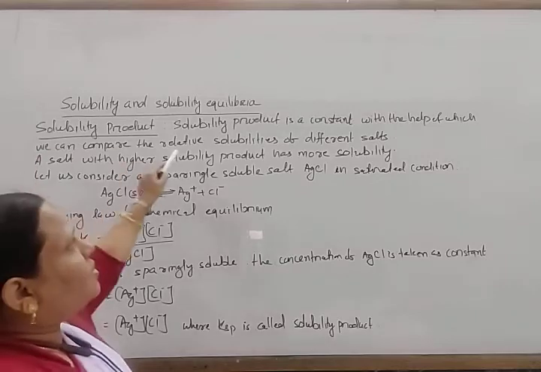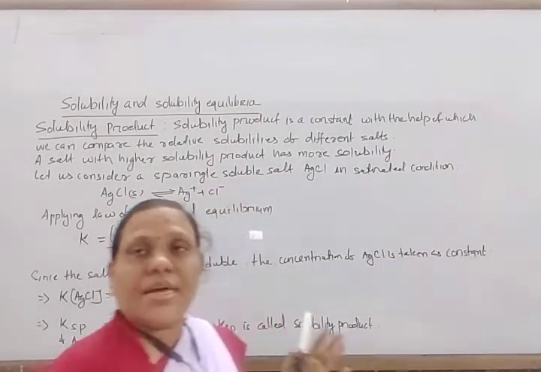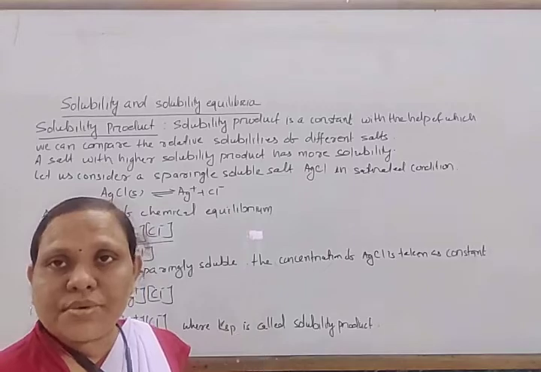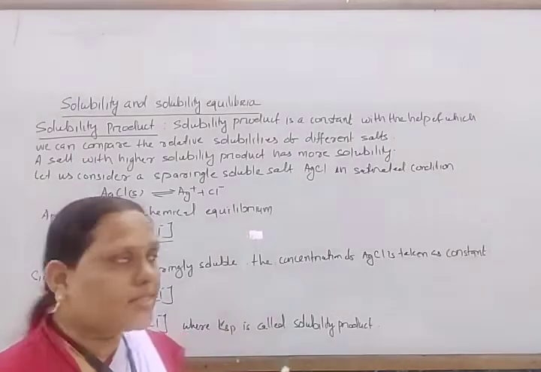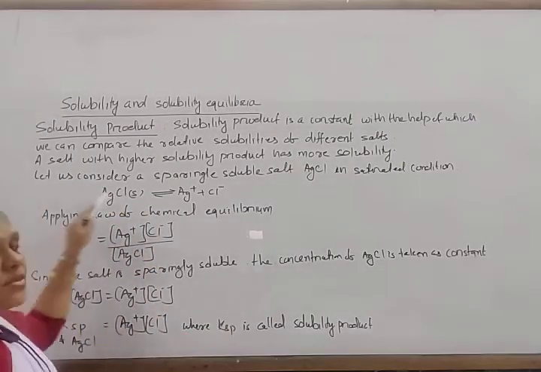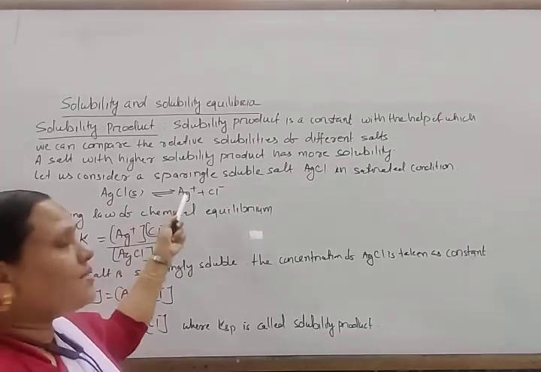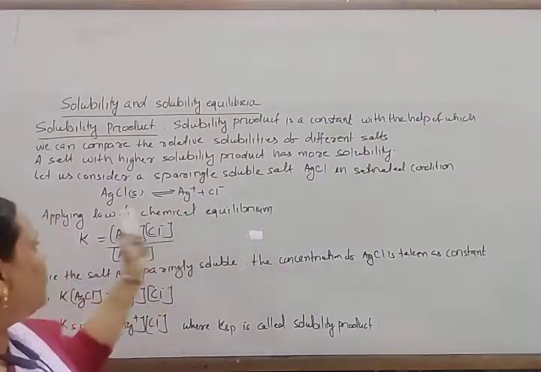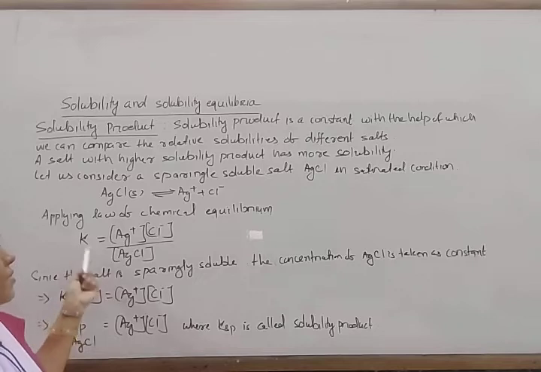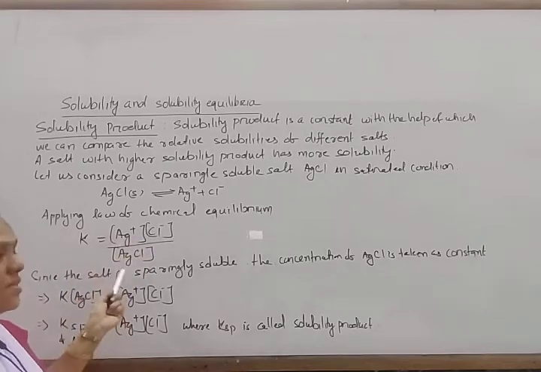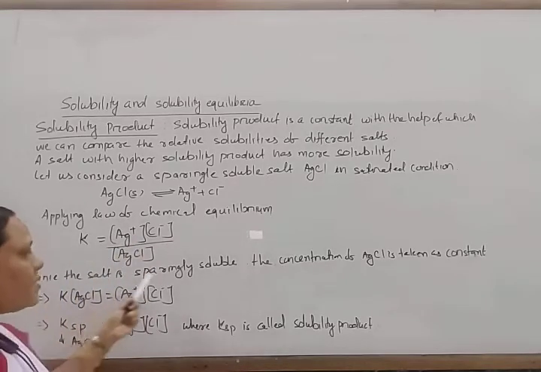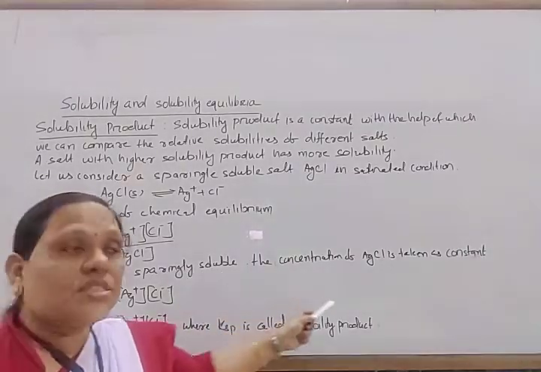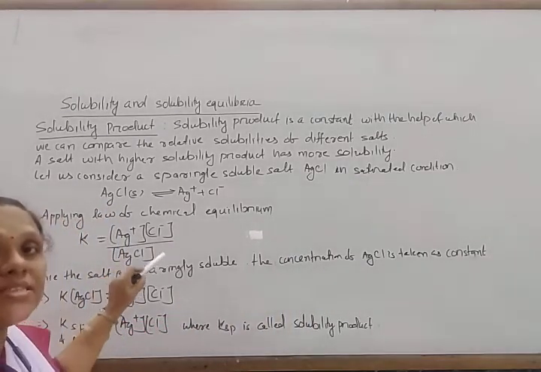Solubility product is a constant with the help of which you can compare the solubilities of different salts. Let us consider a sparingly soluble salt AgCl. AgCl gives rise to Ag+ and Cl-. Applying the law of chemical equilibrium, K = [Ag+][Cl-]/[AgCl]. Since the salt is sparingly soluble, the concentration of AgCl is taken as constant.